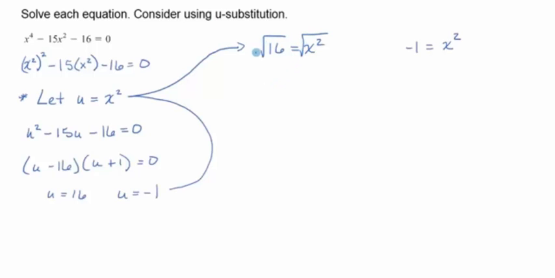And remember, when you put the square root on there, it has to be accompanied with the plus or minus sign. So I get x equals plus or minus 4. And here x is plus or minus i. So I have 4 solutions: 4, negative 4, i, and negative i.